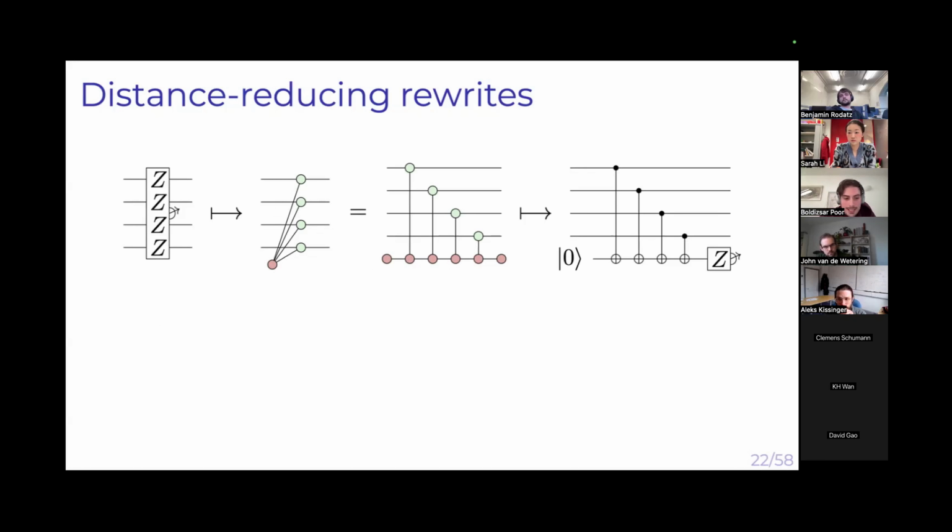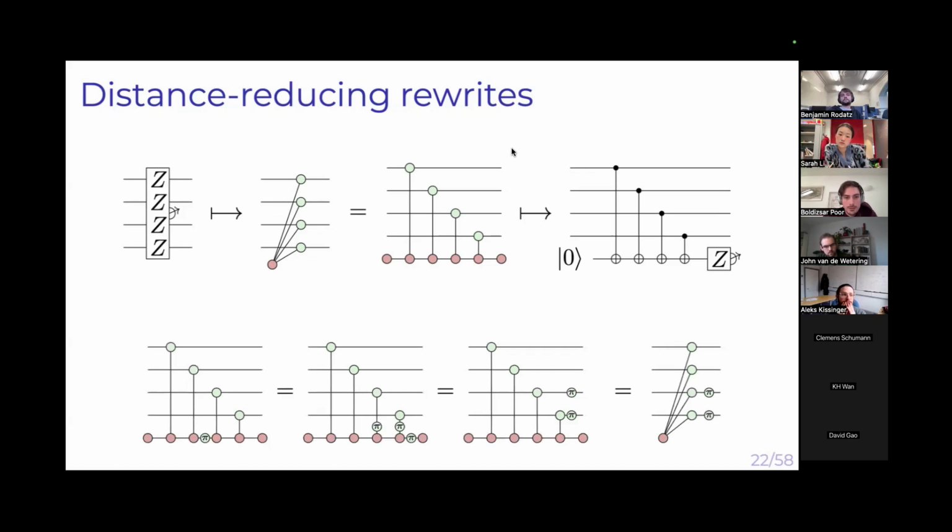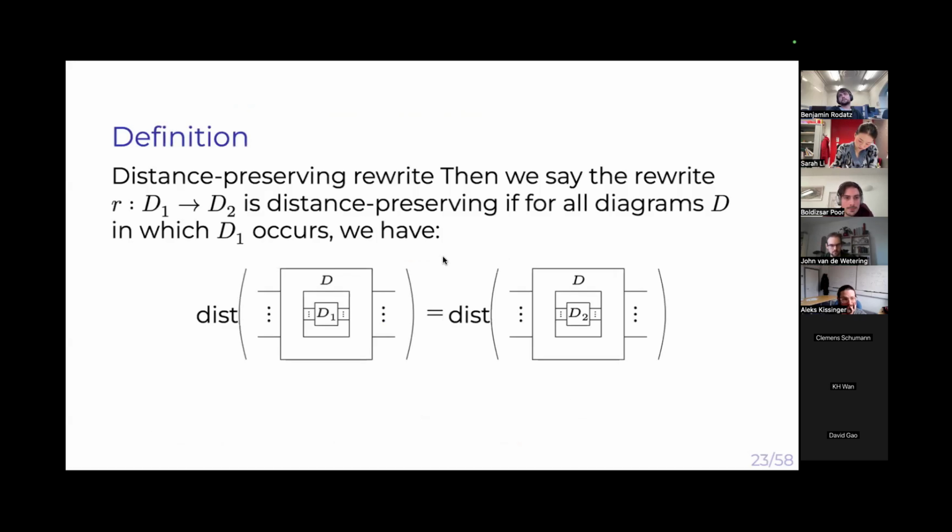Now, the problem with this is that if a single error happens in this rewritten diagram, it's going to correspond to 2 data errors, right? So one error corresponds to 2 data errors. This is what we would call a distance reducing rewrite, right? You had some kind of rewrite, and then this reduced your distance.